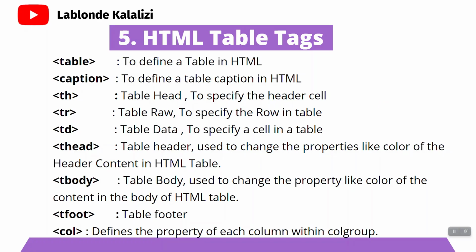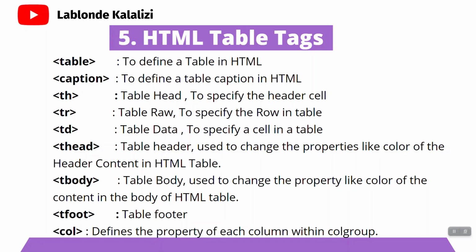TR is the same thing as TH, but the difference is that T stands for table, R stands for row. So this is table row to specify the row in a table. We have TD. TD is the same thing as the first two, TH and TR, but the difference is that a TD displays the table data to specify a cell in a table.